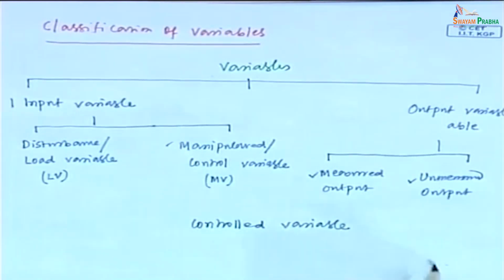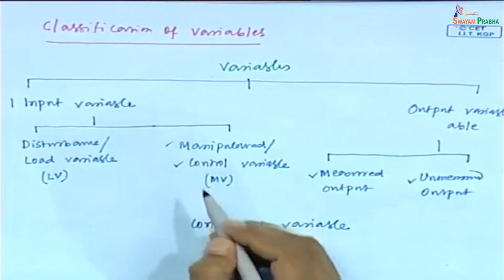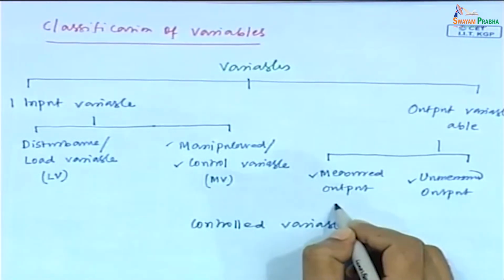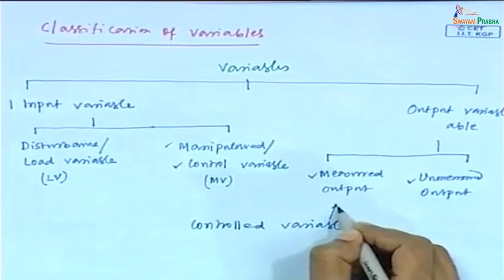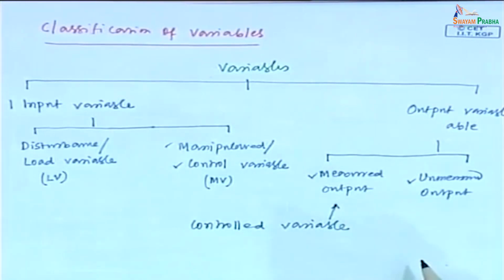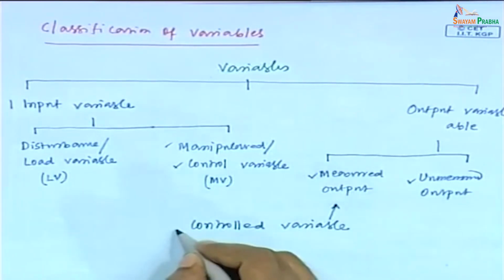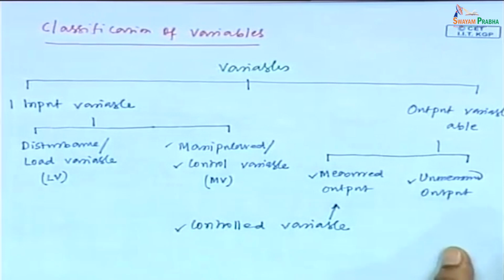Do not confuse it with the control variable. Control variable is the manipulated variable. The controlled variables are usually the measured output, sometimes also unmeasured output.